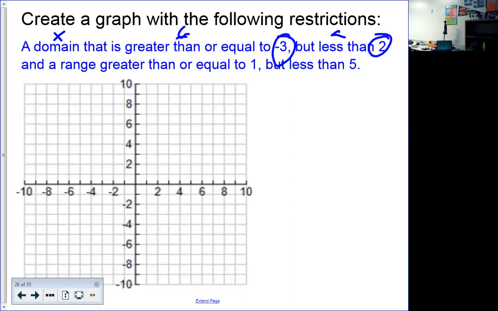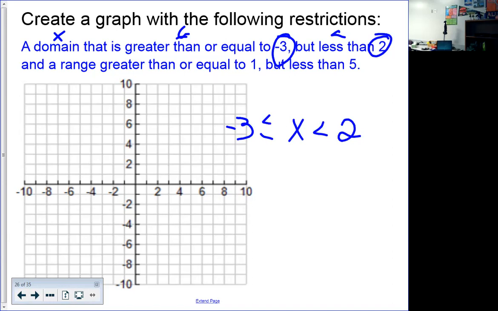So let's write that. Which number is smaller? -3, so that goes on the left. 2 is bigger, that goes on the right. And that's how you write the domain.